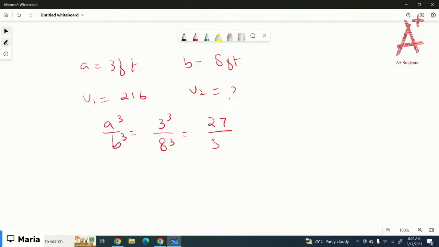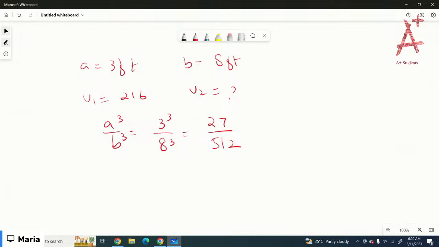So here you have 27 over 512. Let's see if we can simplify them. Can we divide 512 by 9? No. Can we divide 512 by 3? No. Okay, we cannot simplify them.